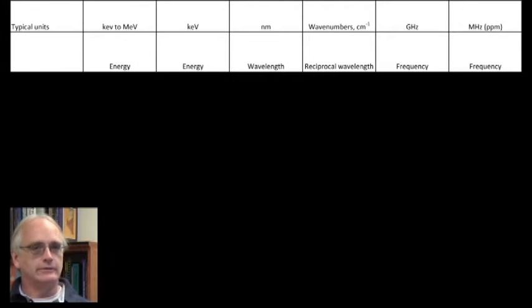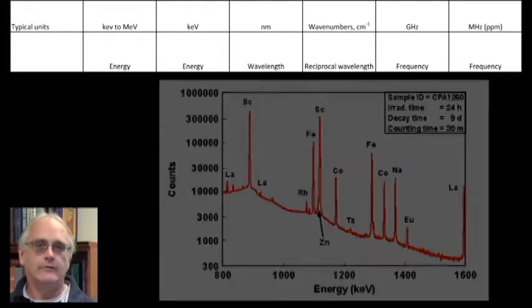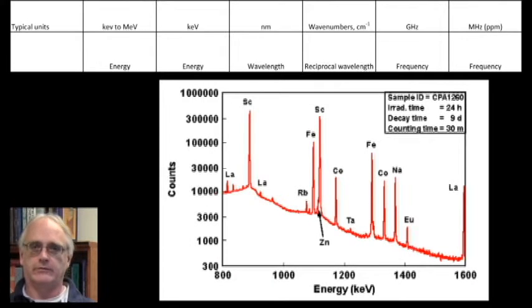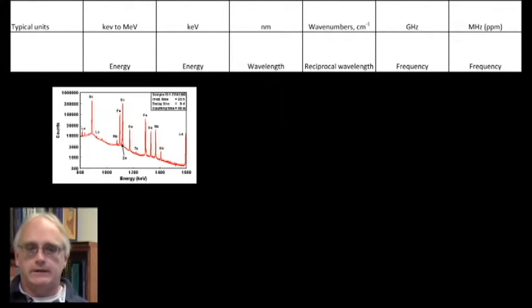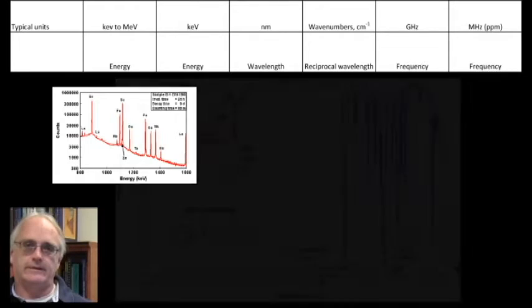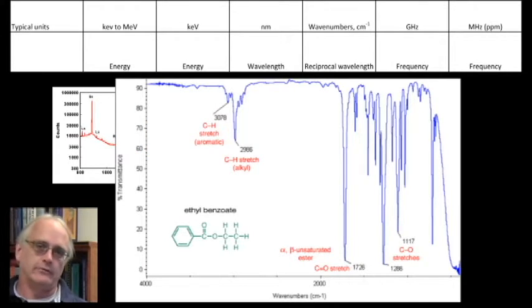There's another way of talking about it: the typical units that spectroscopists who work carefully in each of these areas might use. For example, the X-ray and gamma ray spectroscopists often will talk about their spectra in terms of energy, either kilo or even mega electron volts. The UV-vis spectroscopists and the IR spectroscopists will often use wavelength.